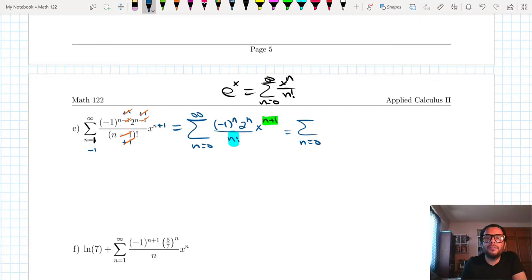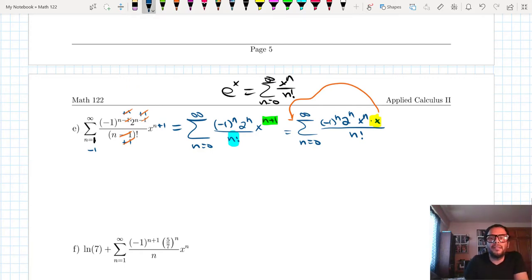The sum from n equals 0 to infinity of negative 1 to the n, 2 to the n, x to the n times x over n factorial. And again, the dummy variable for the series is n, not x, so I'm going to take this x out and put it outside of the series as a multiple constant.